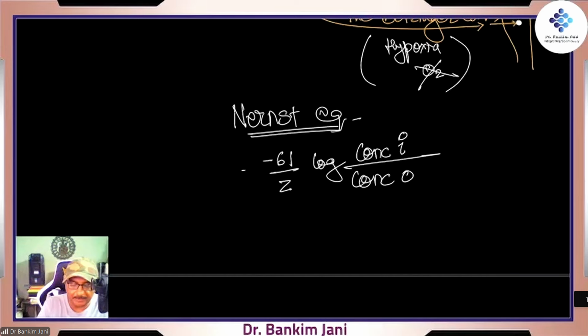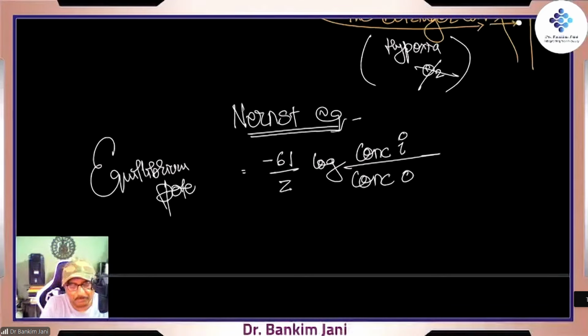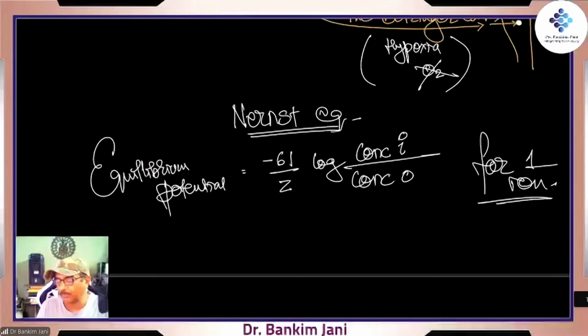So this was giving us that equilibrium potential, right? And what the Nernst equation was telling us is that this equilibrium potential is for one ion. So important, it was for one ion. Whenever we want to calculate for sodium, calculate it for sodium. But for potassium, the whole calculation goes again. That was the Nernst equation.